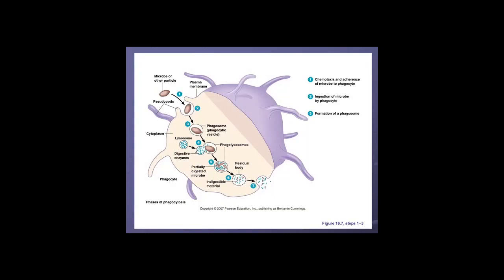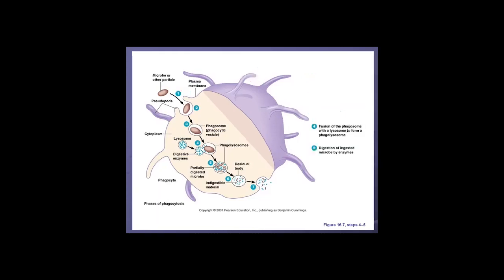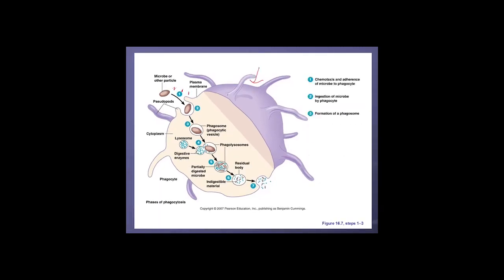So what happens is our phagocytic cell, this guy here, is going to begin by hunting down its prey. Microbes leave a chemical trail behind them. The macrophage or the neutrophil can detect that chemical trail and they will follow it.